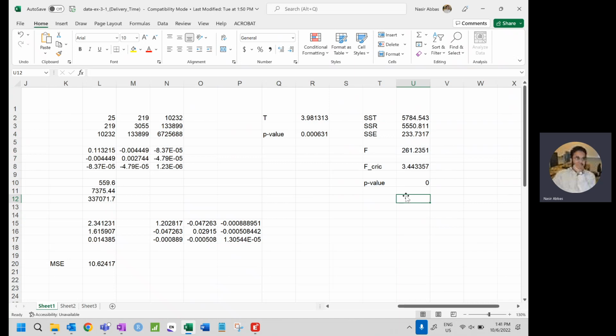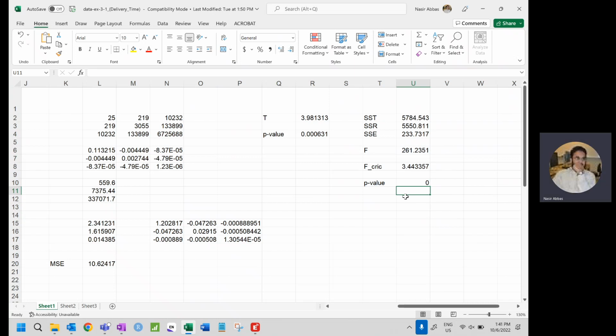The probability of getting this big a value of F under H0 is 0. If your H0 is actually true, the probability of getting a value of F as big as 261 is almost 0. So we should not get such a big value of F if H0 is true, which means indirectly H0 is probably not true.